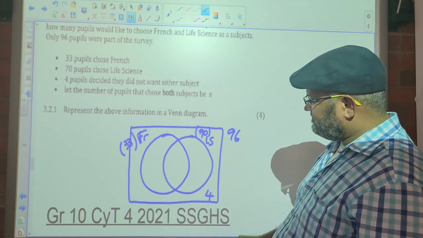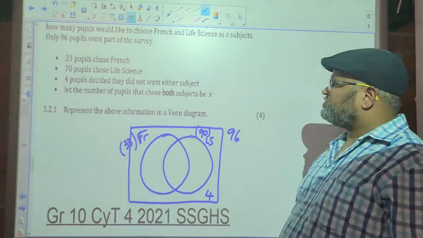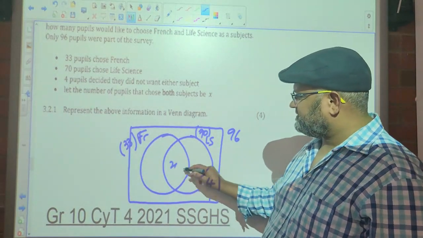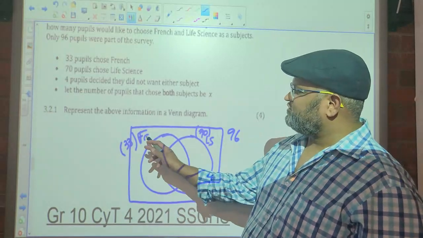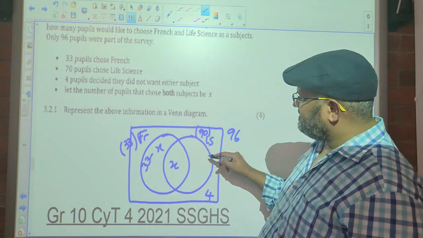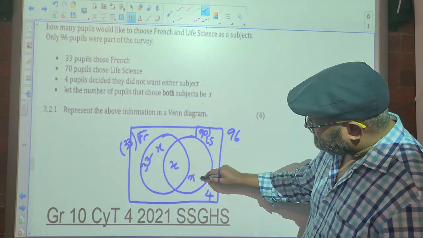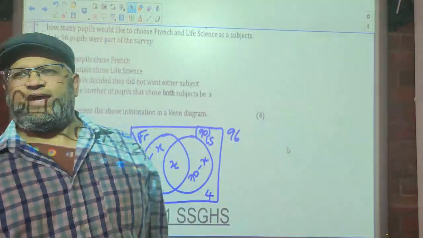This is outside. Let the number of pupils who chose both subjects be X. So how many of these people did French only? 33 minus X. How many of them did life science only? 70 minus X. So that is in terms of X.